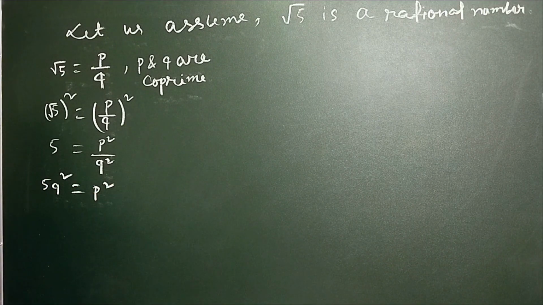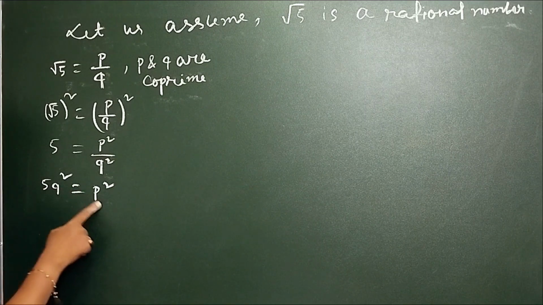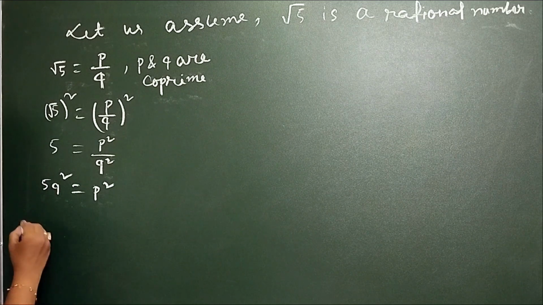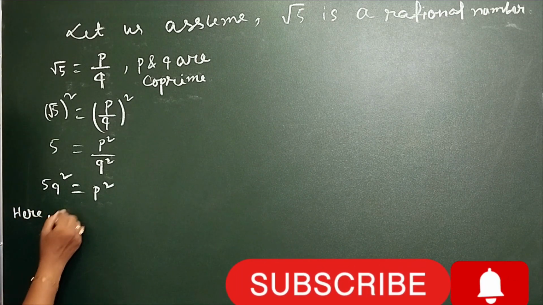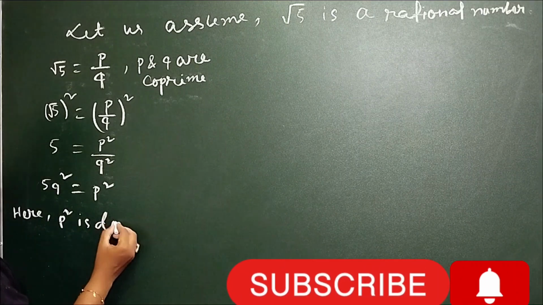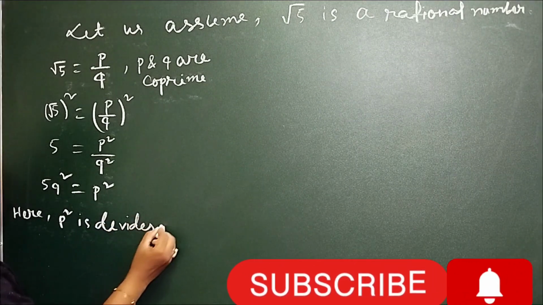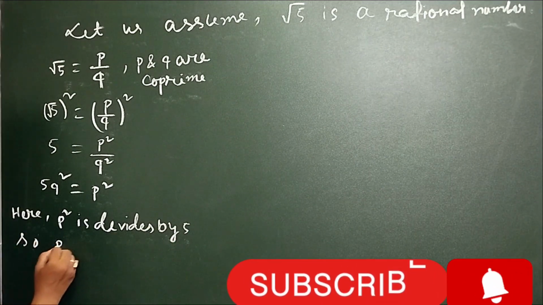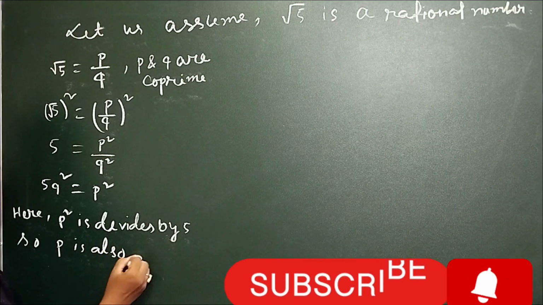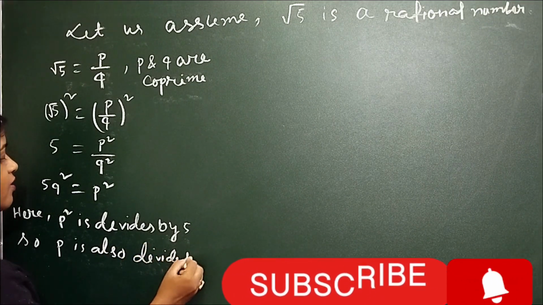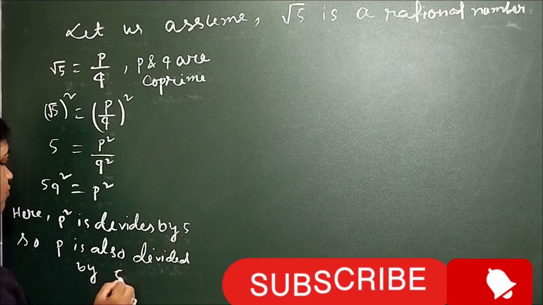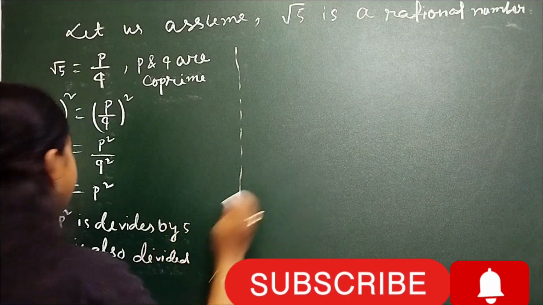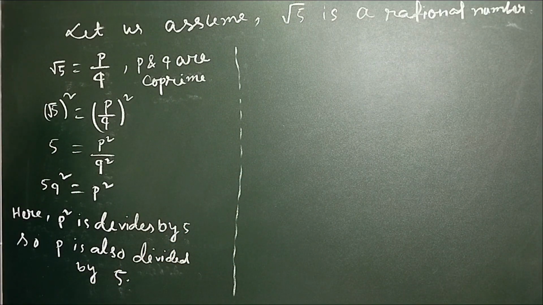Here p square is divided by 5, so p is also divided by 5. Am I clear? So p is also divided by 5.